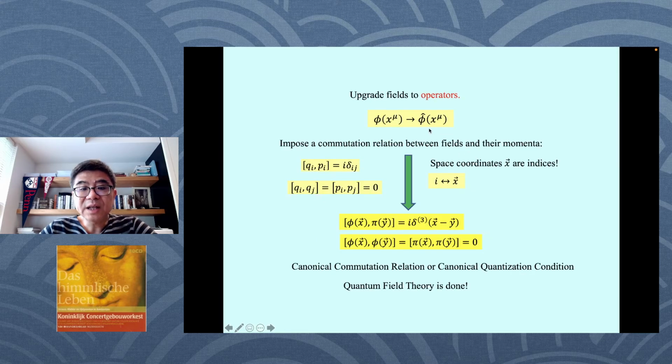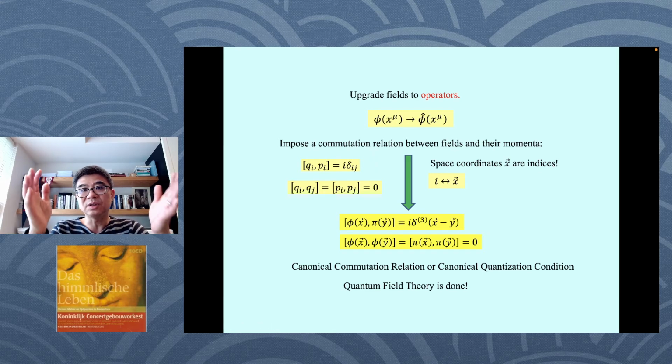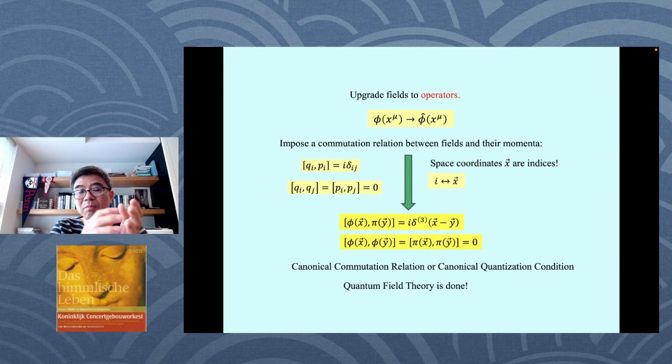Then, after that, you give the canonical quantization condition. And here it's simple, because remember that in this case the space coordinates, the x vector, are actually indices. Remember the picture of the field: you divide the space into small cubes, and on every cube there is a field. Therefore, it's almost like a multi-dimensional particle system.